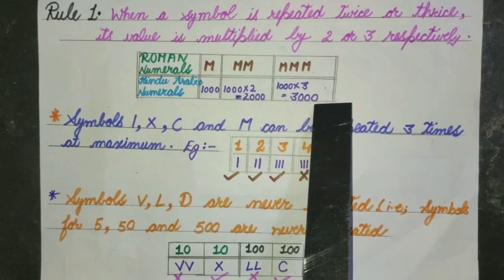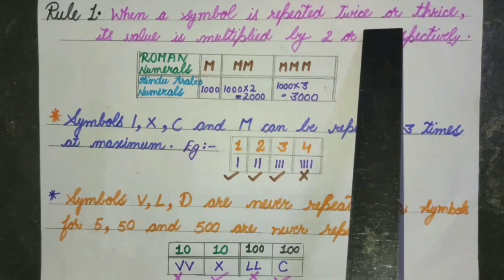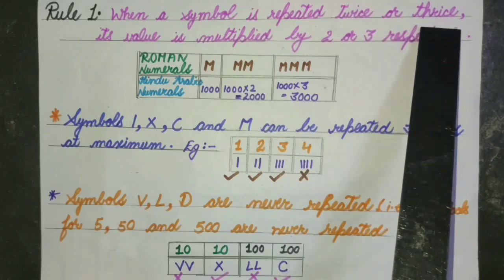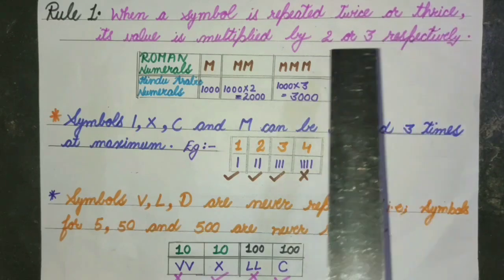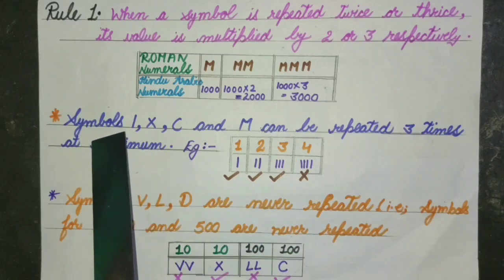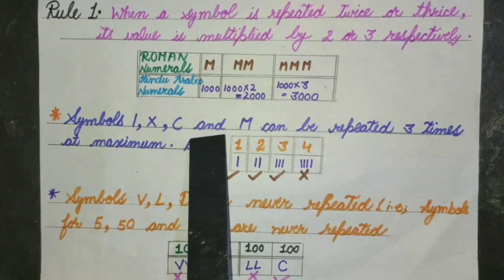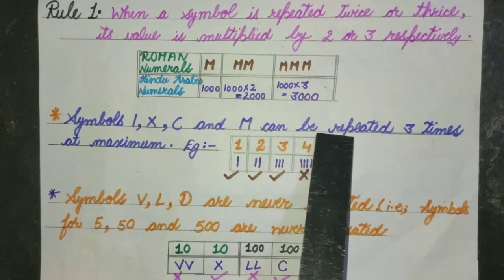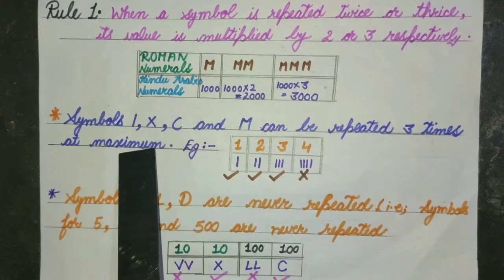Fine. Always remember everyone that they are repeated only twice or thrice, not more than that. Clear? Just focus on the point: symbols I, X, C and M can be repeated only 3 times at maximum.